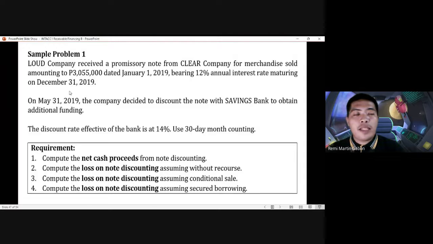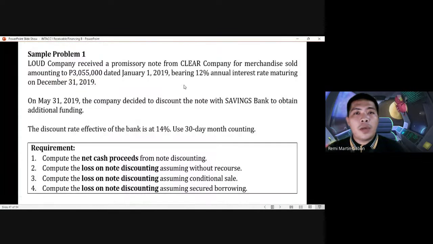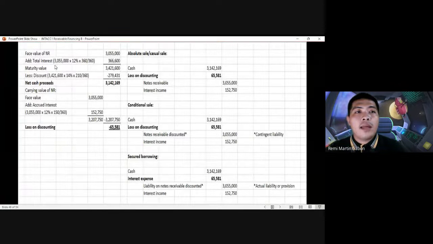Let's start with the face value of 3,055,000. Then since the promissory note is an interest-bearing promissory note, we add total interest applicable to the promissory note from January 1 up to December maturity. Okay? So total interest, that should be 3,055,000 times 12% times 360 days over 360 days.